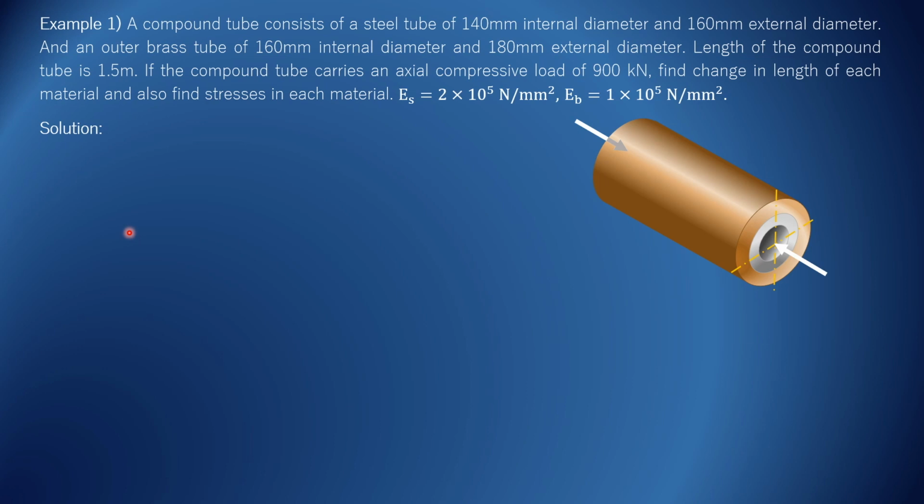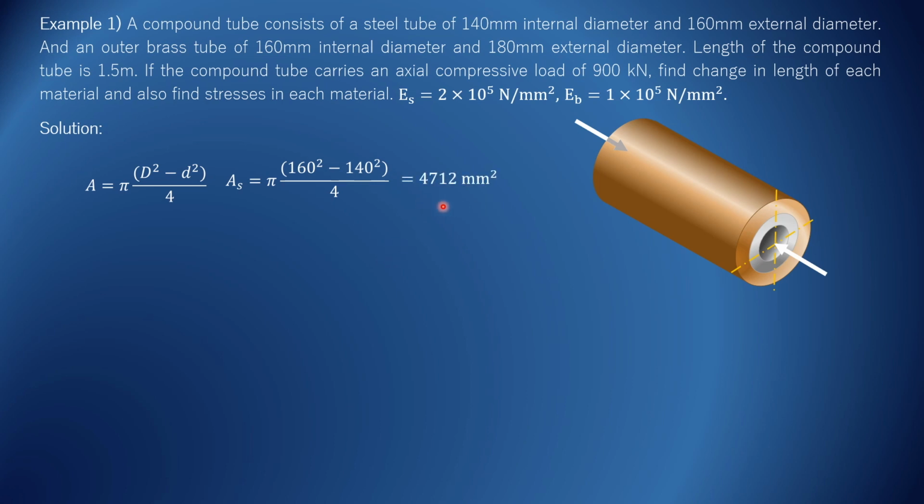Here is a compressive load, push type of force. Find cross-sectional area, hollow cross-section it is. So outer diameter squared minus inner diameter squared, pi d squared by 4, that is basic formula. So area of steel, take care of outer and inner diameter, dimensions must be in millimeters.